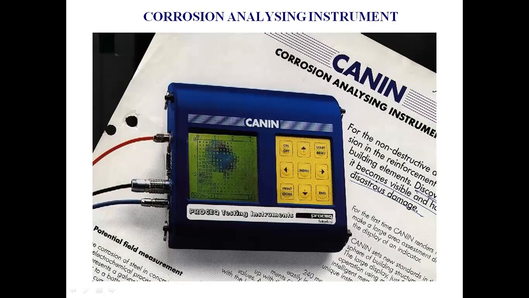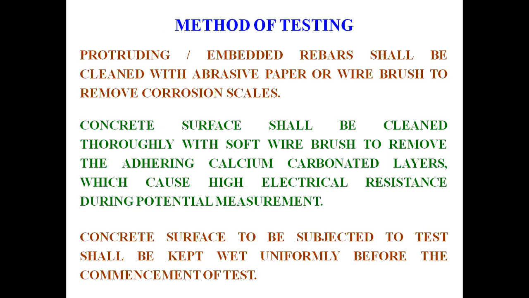Now the method of testing: how you are going to measure this rate of corrosion. The embedded rebar, whatever steel is there in the concrete, shall be cleaned with abrasive paper or a wire brush to remove corrosion scales. You can assess the rate of corrosion only by chipping the concrete surface and testing directly on the steel bar that is exposed.